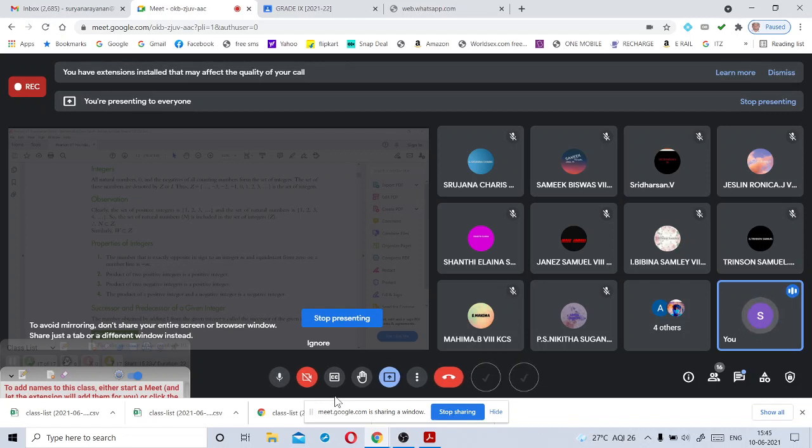To remember simply, we have written plus into plus is equal to plus. The meaning of that equation is the product of two positive numbers is a positive number. Okay, my children.